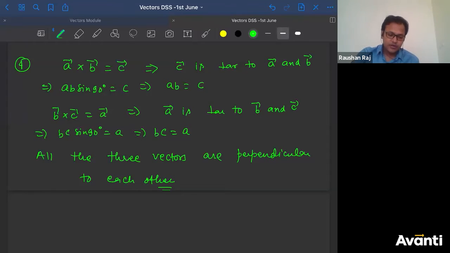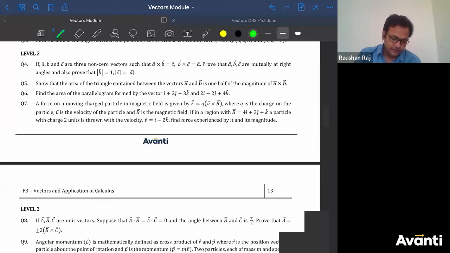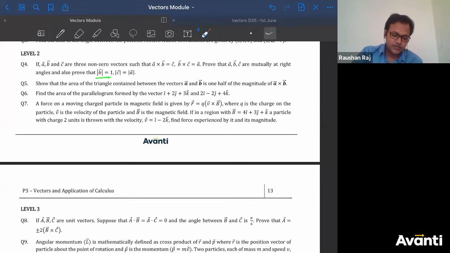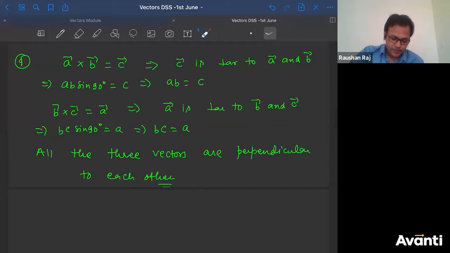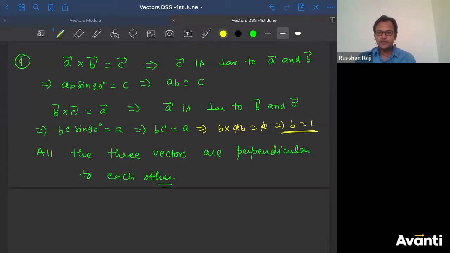Now I have to prove that modulus of B is 1 and C is equal to A. Let us see how we will find it. If I put the value of C from equation 1, can I say that B into AB is equal to A? So A and A get cancelled. So what is the value of B? That means 1. Modulus of B is 1.